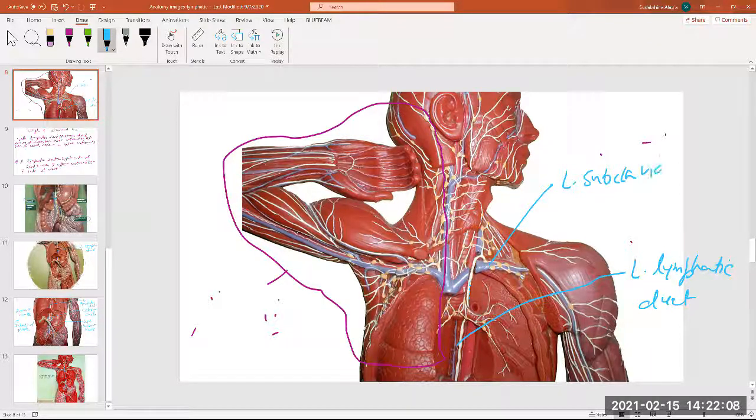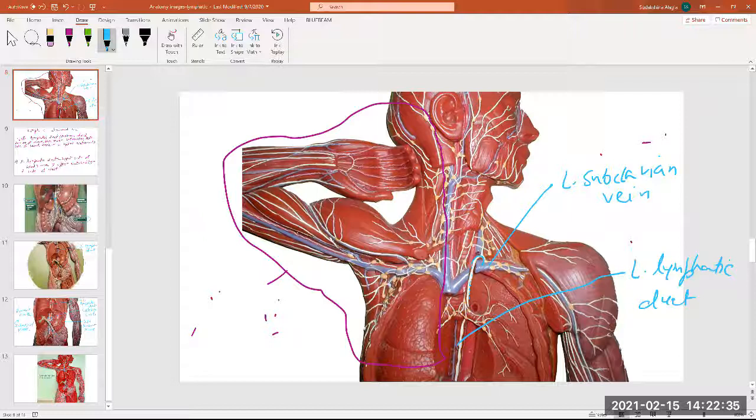So it goes behind the subclavian vein, makes a hook-like part and drains the lymph into the left subclavian vein. So where that hook part is, notice that it also has to receive the lymph from the left side of the upper head and neck and the left upper extremity.